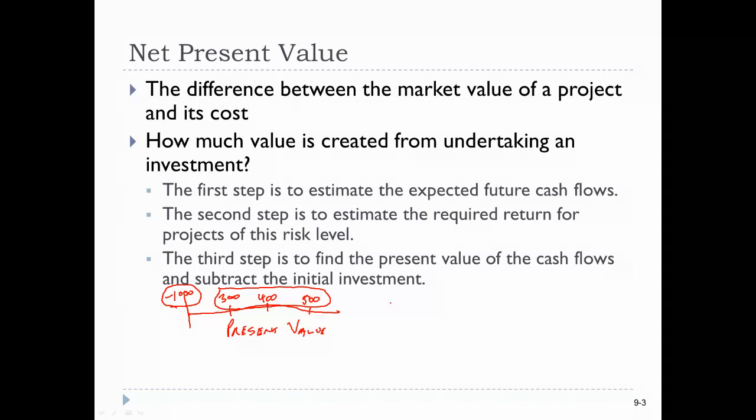The net present value is simply the present value of the benefits of a project minus the present value of the costs of obtaining it. Simple as that. And in my example here, the $1,000 is already happening today, so that's already present value. It's these future cash flows we have to discount to account for this.